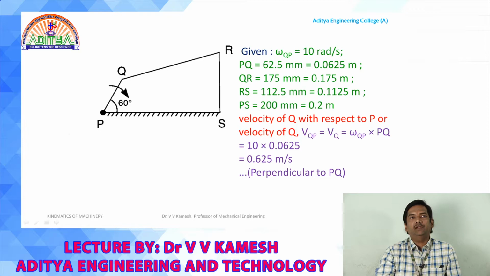So, by means of the given data, we construct the PQRS 4 bar chain. In this, PS is fixed and the crank PQ is rotating, with the position theta at 60 degrees and angular velocity 10 radians per second.